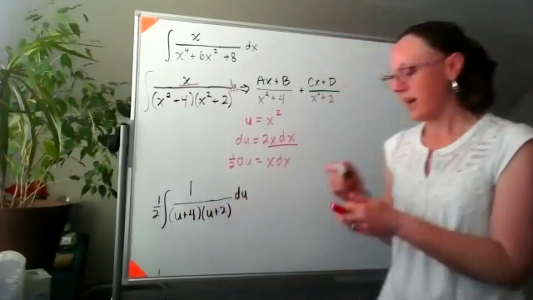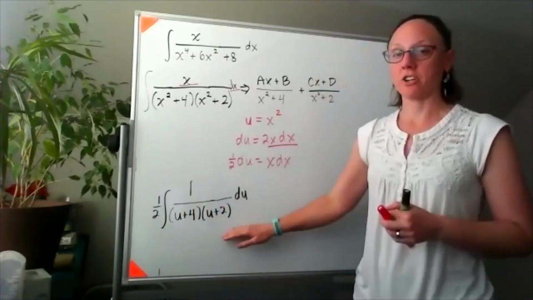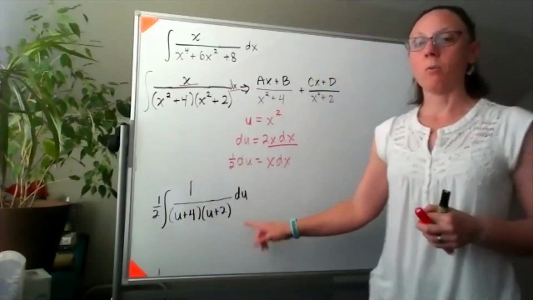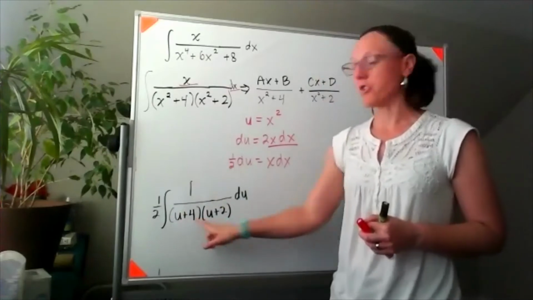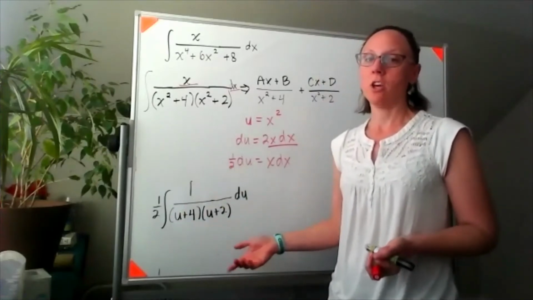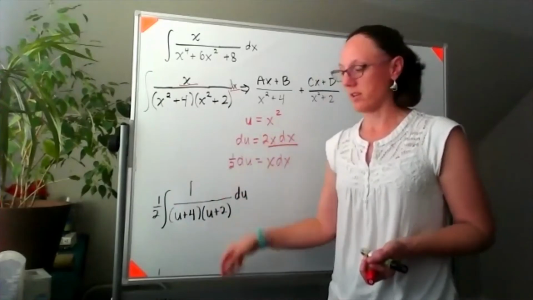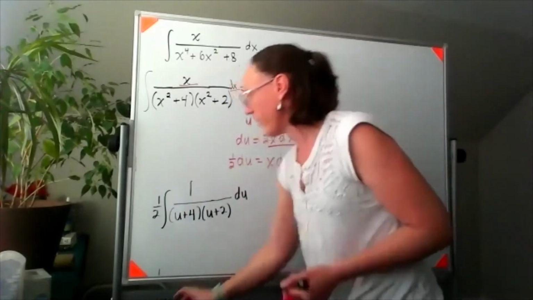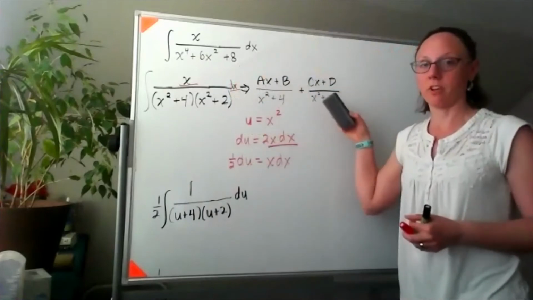du. I'm still going to need to do partial fractions on this, but now I have it written in a way that I have 2 linear terms, which means when we go to do the partial fractions, we'll only need constants on top. We won't need to have these linear terms on top.